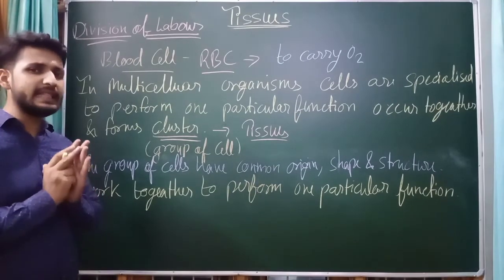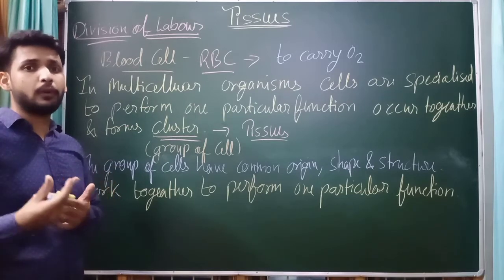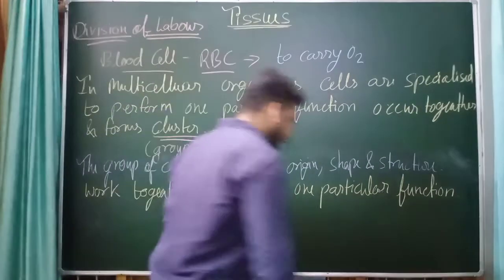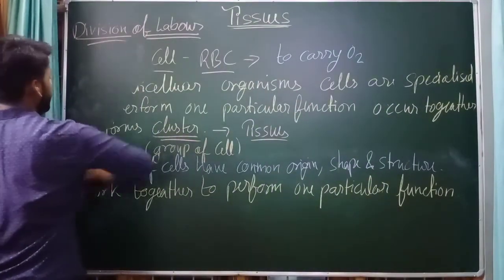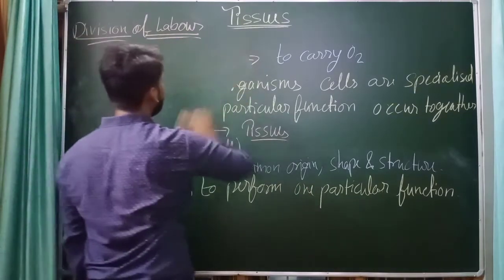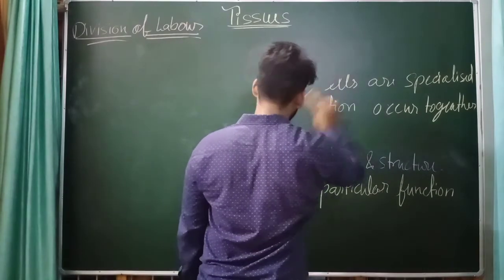These are specialized cells, specialized to perform one particular function. This is the division of labor. One type of cell performs one type of function only.